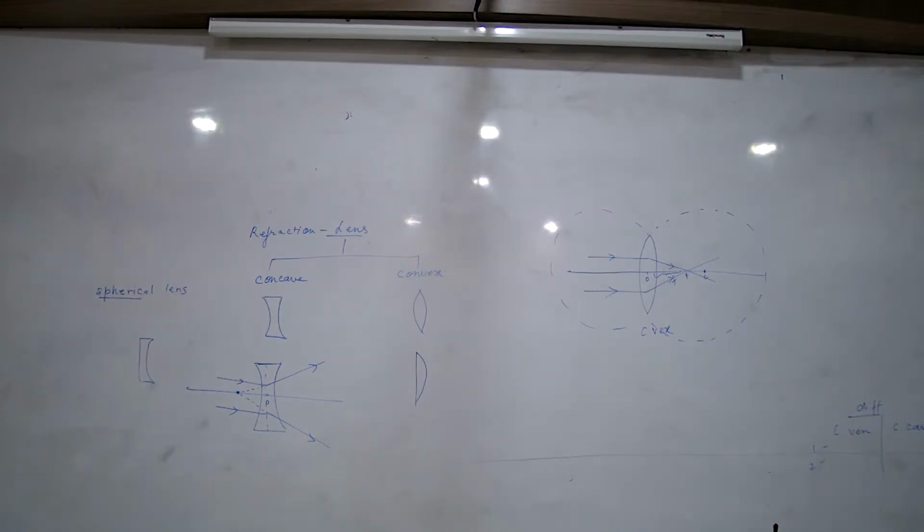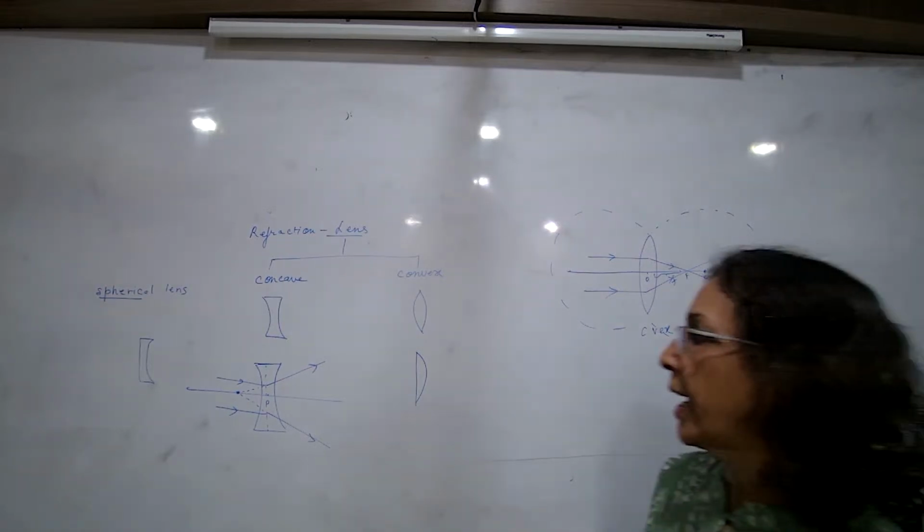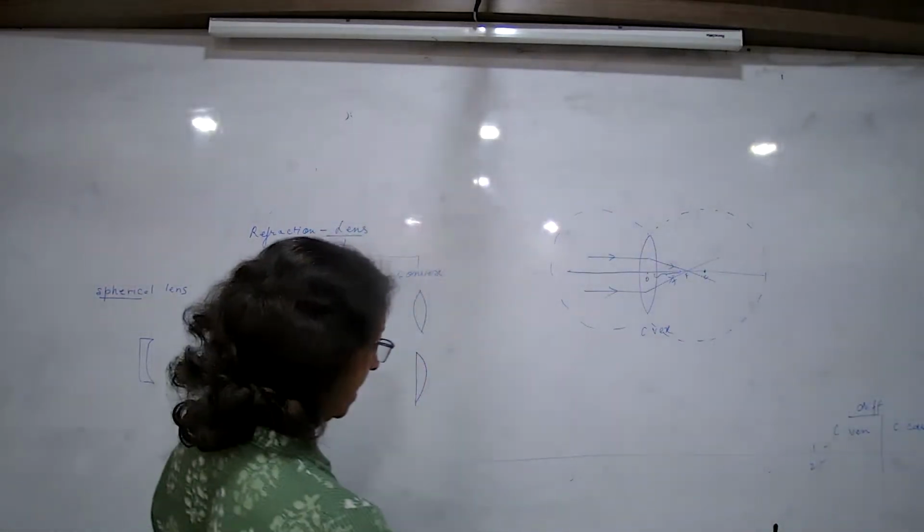It is usually represented by the letter O. A ray of light through the optical center of a lens passes without suffering any deviation. Underline that. What does it mean?